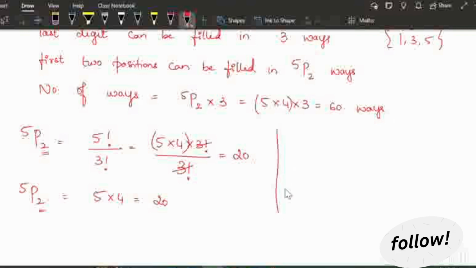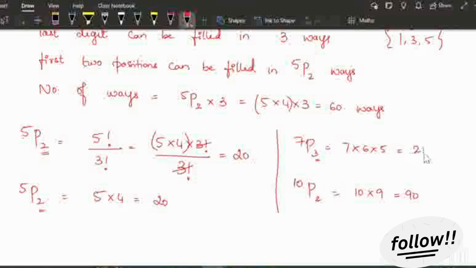Suppose you have 7P3. You need to write three numbers from 7, which is 7 into 6 into 5. That's all. If you have 10P2, write two numbers from 10, which is 10 into 9. This is allowed even in your descriptive answers.